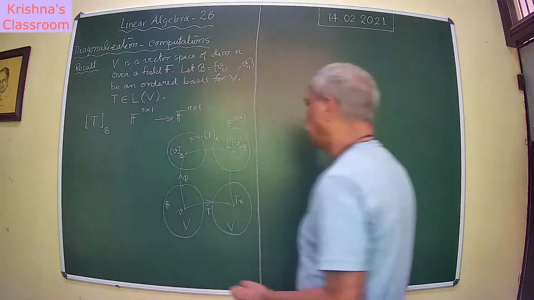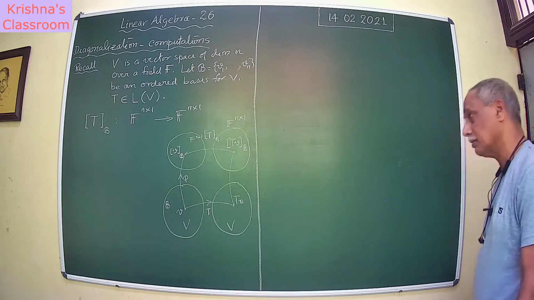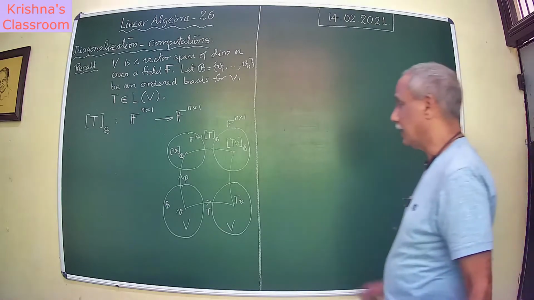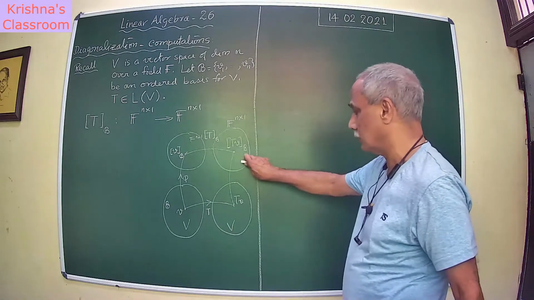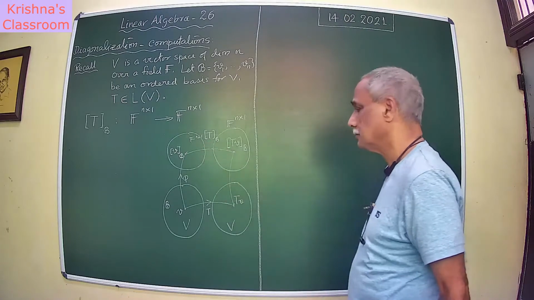So TB maps the representation of v with respect to B in Fn cross 1 to the representation of Tv with respect to B in Fn cross 1. This is an n by n matrix.